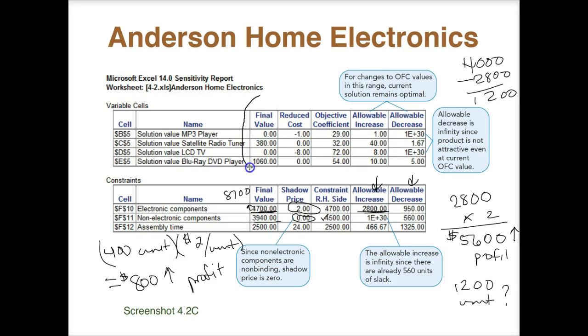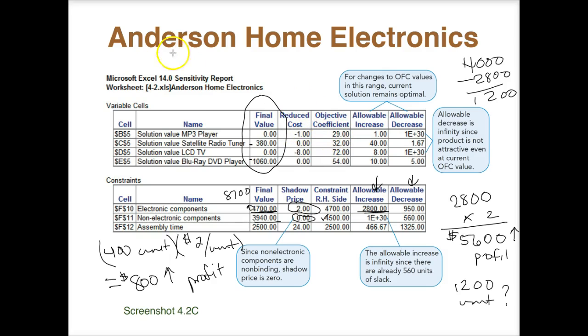So that means that these values would actually change. And it doesn't necessarily mean that we would be producing MP3 players and LCD TVs, but what it will say is that there's going to be a change in the number of satellite radio tuners and a change in the number of Blu-ray DVD players that we're going to make if we have that big of a jump in the amount of electronic components that's available to us.